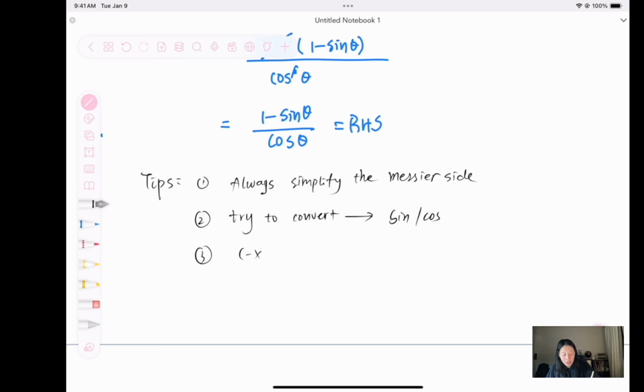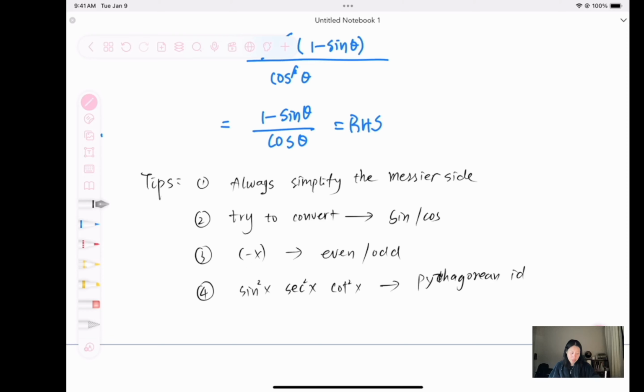When you see the negative x, the first thing you need to think about is even and odd functions. 4. Whenever you see a square, whatever square you might see, you need to think about the 3 Pythagorean identities that you're going to apply.